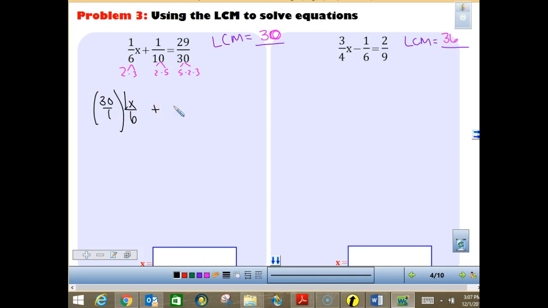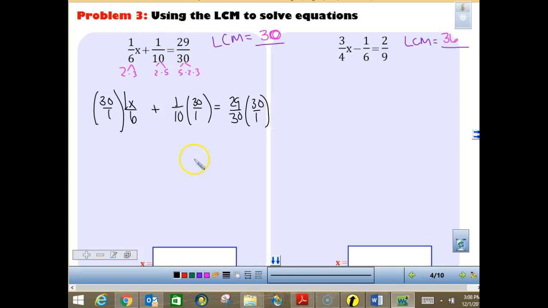Your pencil is moving. There you go. We're going to have the 1/10, right? We're taking it times 30 over 1 equals 29 30ths. Yeah. 30 over 1, right with me.